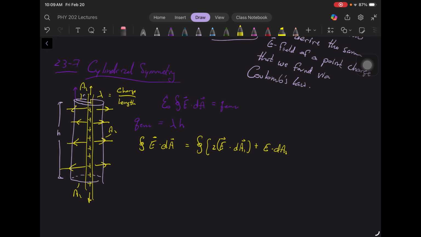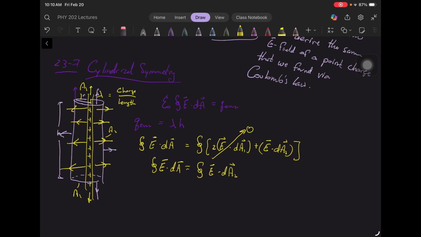All right, and we said these are going to go to 0 because the electric field points straight out. None of it goes up or down, or the area vector, well, the area vector points out and up. Right, here the area vector points out on both sides, right, all around, symmetrically for a cylinder. And so we get this E dot dA is equal to just the integral of E dot dA2.